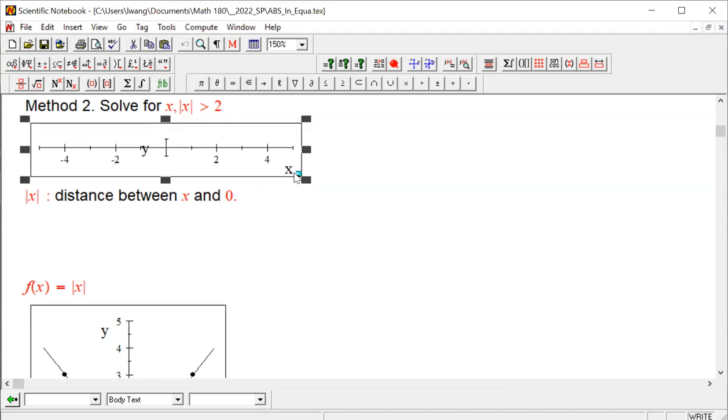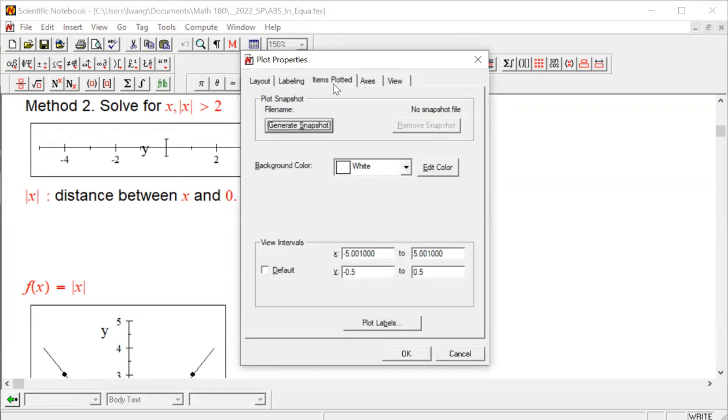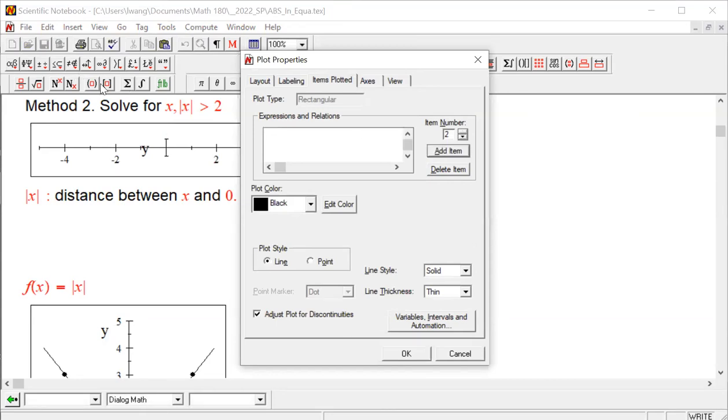So the solution will be, once again, -2, 0, and this point is going to be a circle, not included. Another point is 2, 0.